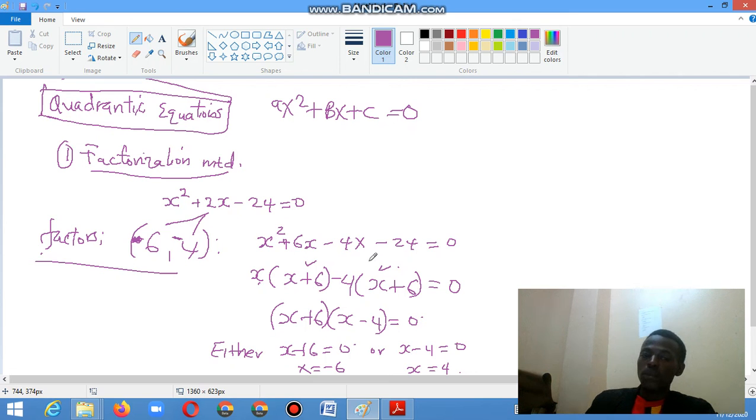The first thing you have to think of, if they say solve a quadratic equation using factorization, is how to look for factors. After getting the factors, everything is okay. And looking for factors is very simple. So this is the factorization method.